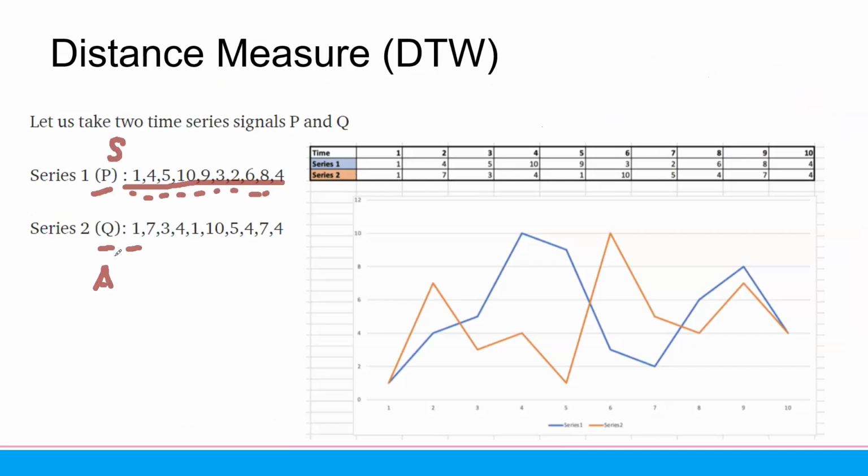And for company A, the price is 1, 7, 3, 4, 1, 10, 5, 4, 7, and 4. When you plot them, you get this kind of plot.